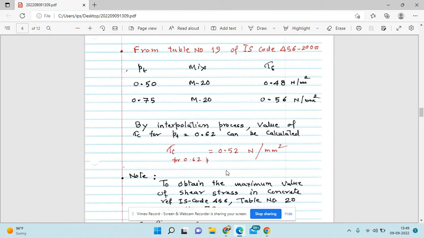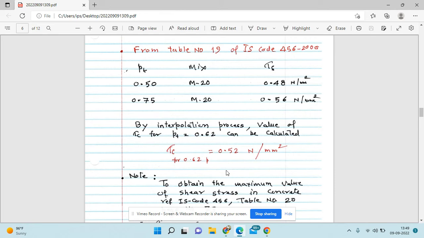For M20 mix, the tau c value is given as 0.48 Newton per mm square for 0.5, while for 0.75 it is 0.56 Newton per mm square.